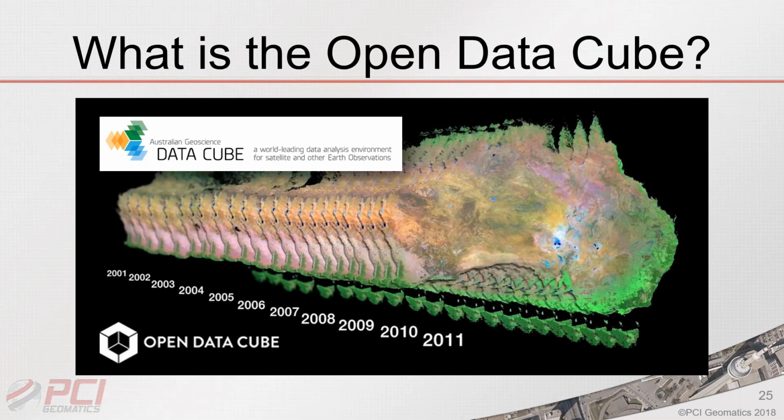This allows efficient storage and efficient querying of the data, to really make this multi-temporal analysis possible. All of this investment made in Australia has been made available to the global Earth observation community, or anyone that wants to use it, through an open source initiative. They've open sourced the code, and the Committee on Earth Observation Satellites, CEOS, has adopted the Australian Data Cube as the Open Data Cube.